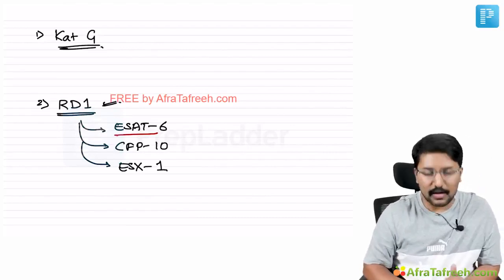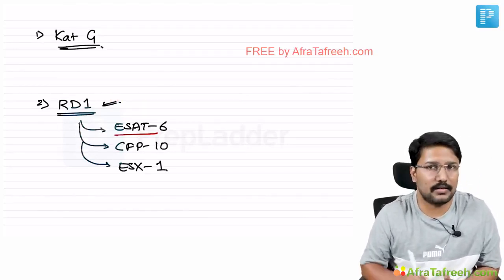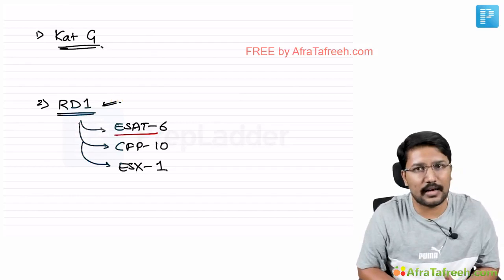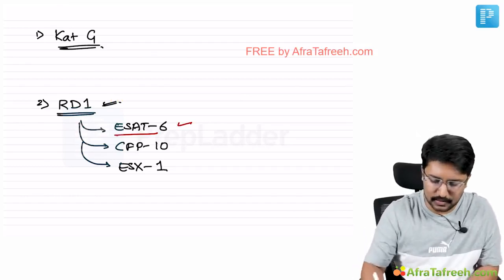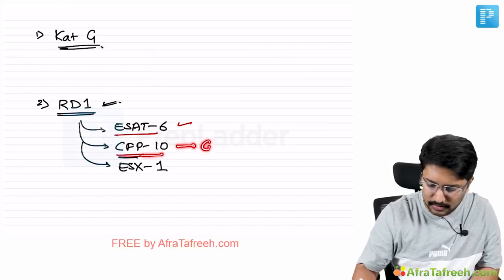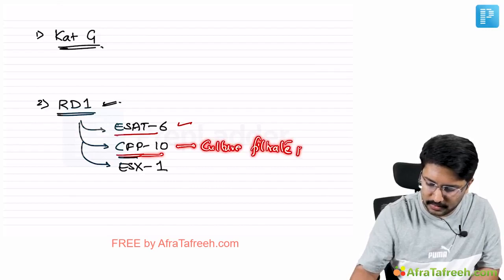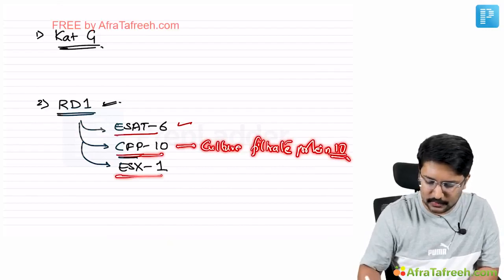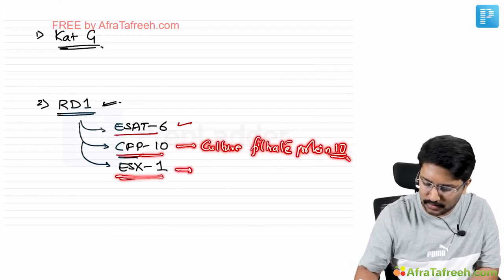Okay, so what are these? ESAT6 stands for early secretory antigen 6. Sorry, not 10, 6. Early secretory antigen 6, right? That is one. Then the second one, CFP10, stands for culture filtrate protein 10. And ESX1 actually codes for a bacterial secretory system.